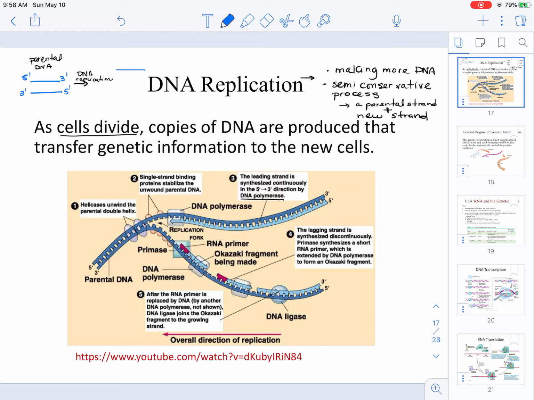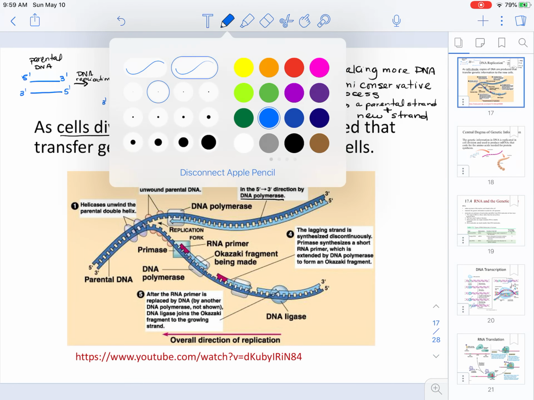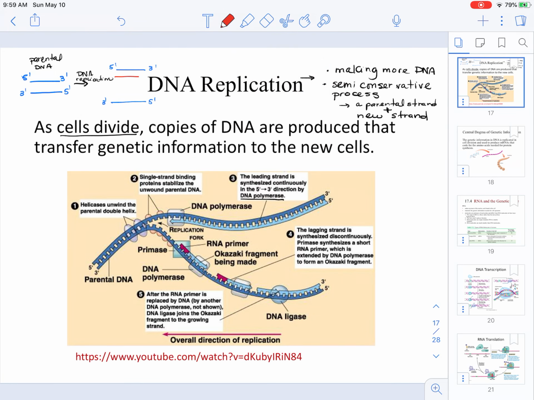These parental strands are going to be base pairing with brand new strands of this DNA that is being made.